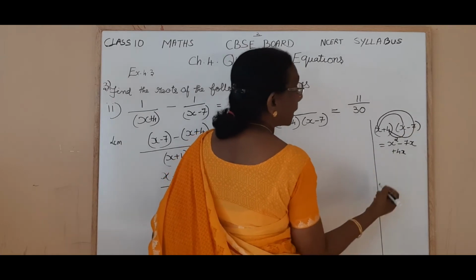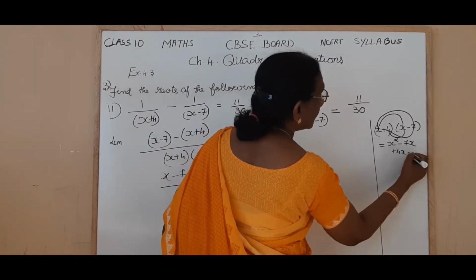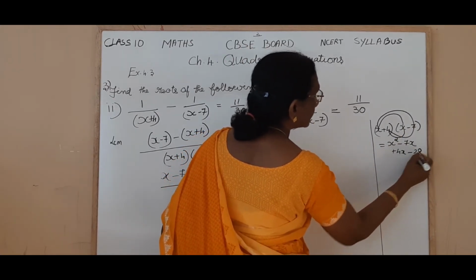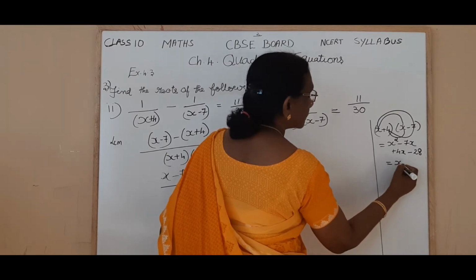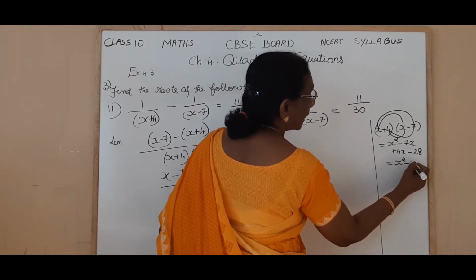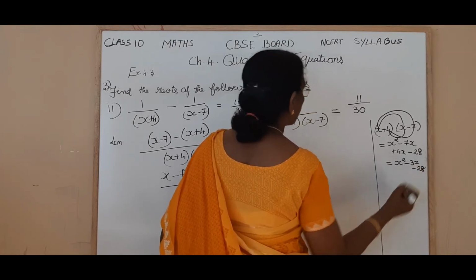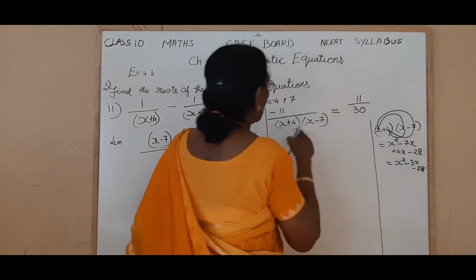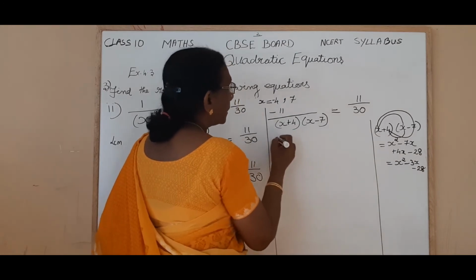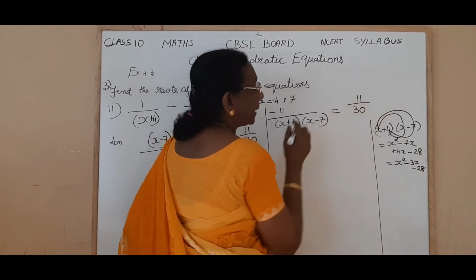Plus 4 into minus 4 is what? Minus 28. That is x squared minus 3x minus 28. Okay. So, now you can divide both sides by 11.